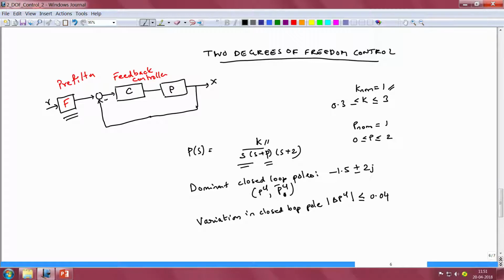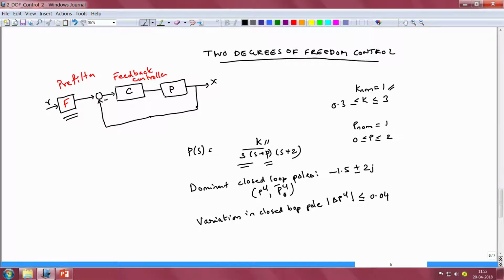So there is uncertainty associated with the gain of the plant, and this reminds us of the example that we considered 2 clips back, where we had considered only uncertainty in the gain of the plant, and this was precisely the extent of uncertainty that was considered in that example. Now in addition to uncertainty in the gain of the plant, we also have uncertainty in its pole location.